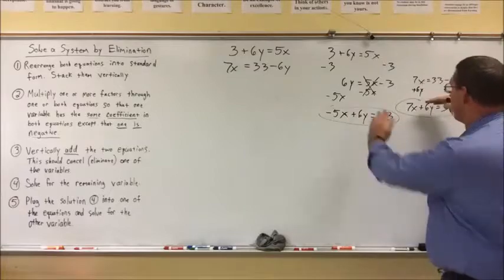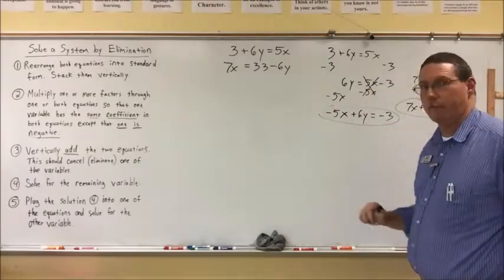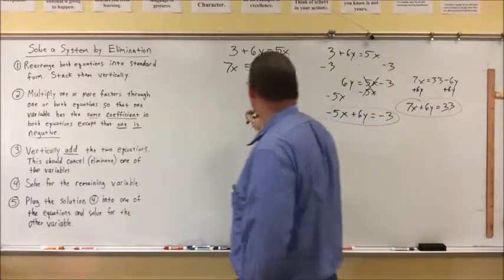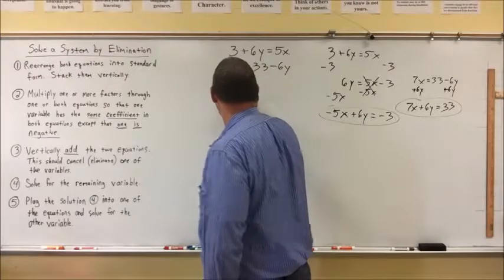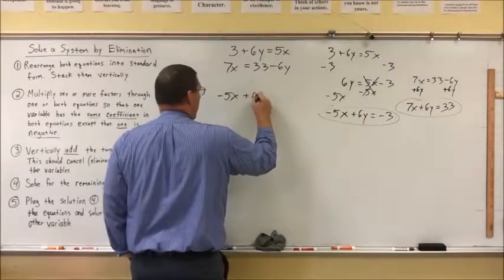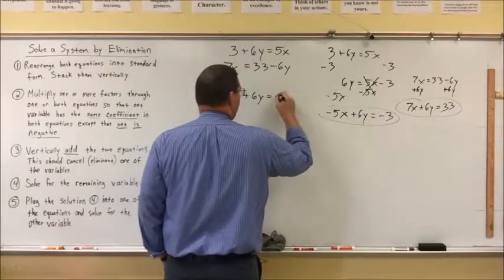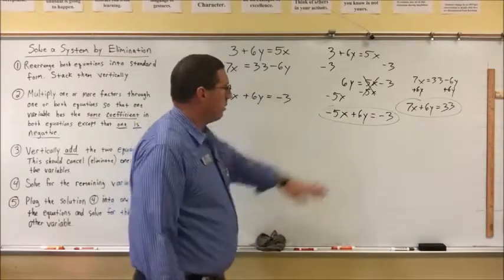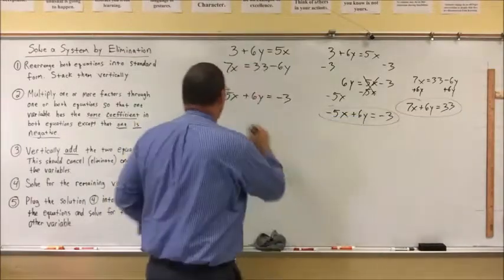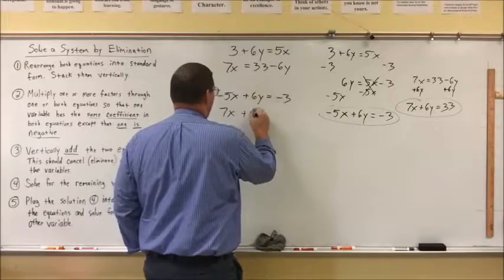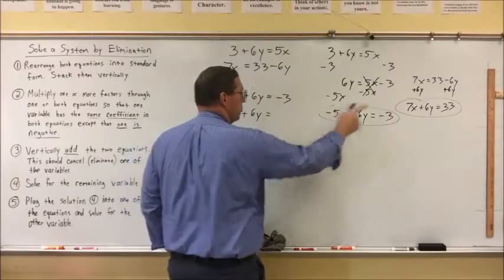And so what I'm going to do is stack them vertically on top of each other. I'll put this one first. So I got negative 5x plus 6y equals negative 3. And I'll take this one, 7x plus 6y is equal to 33.